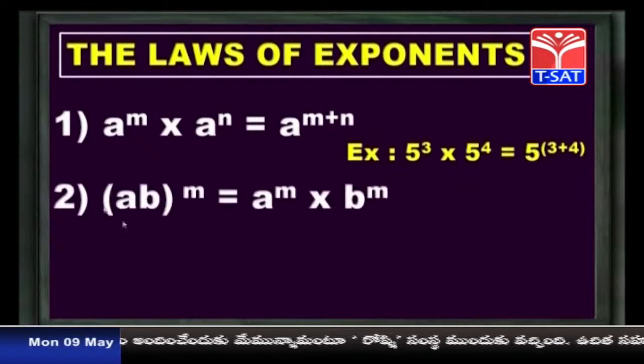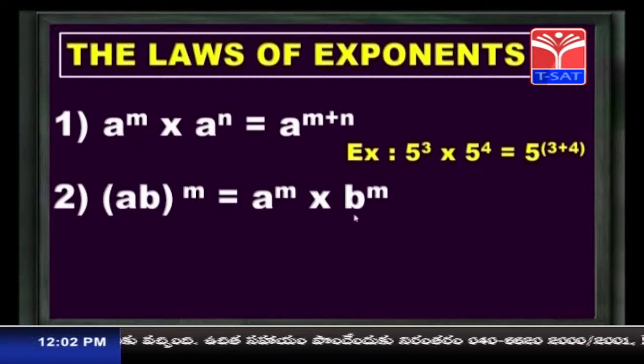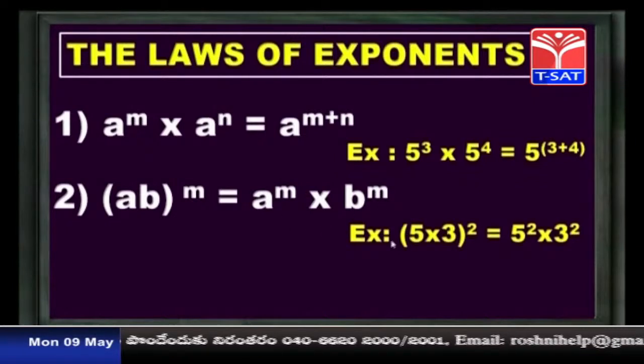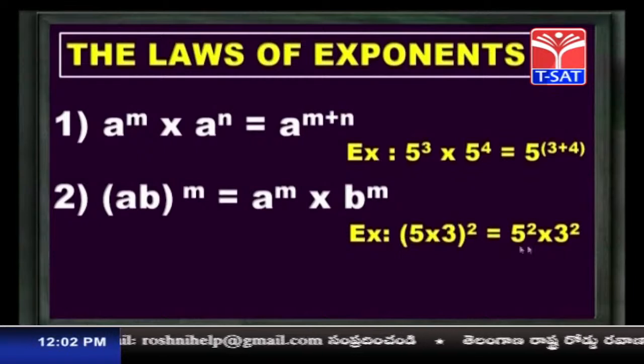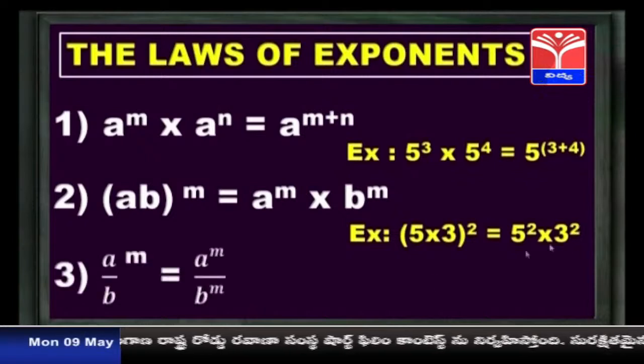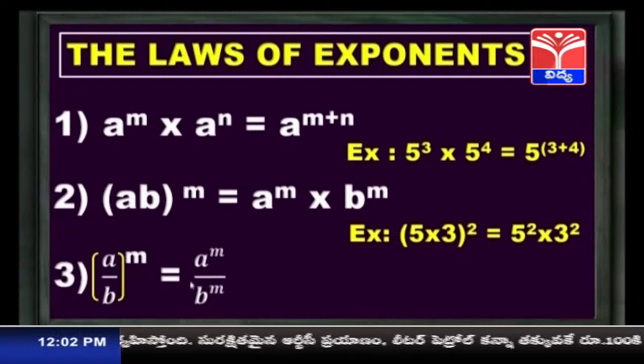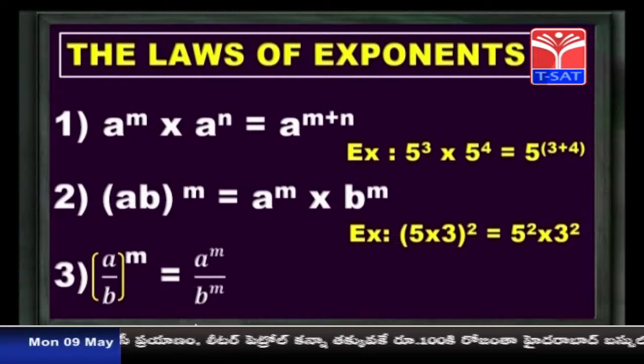The second formula: ab whole power m is equal to a power m into b power m. So the example, 5 into 3 whole square is equal to 5 power 2 into 3 power 2. The third one is a by b whole power m is equal to a power m by b power m.